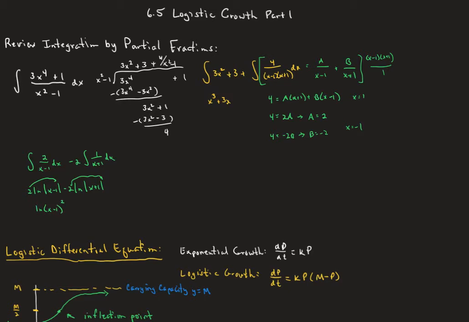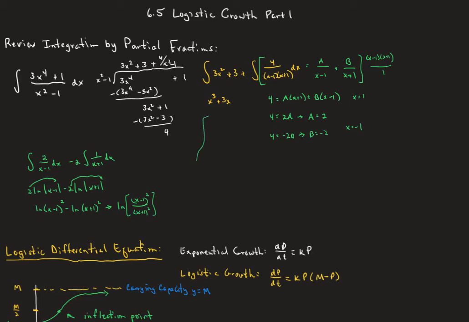Don't really need the absolute value anymore because the squaring is going to guarantee that it's going to stay positive. Minus the natural log, and same story here, we can call that x plus 1 squared. And then remember, because of the minus, we can condense this into a single logarithm, x minus 1 squared over x plus 1 squared. So there's our logarithm.